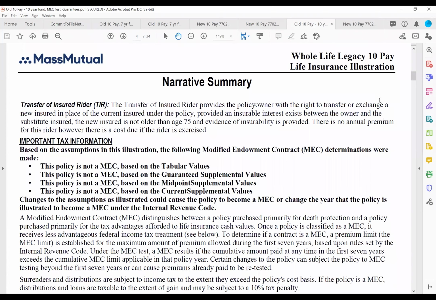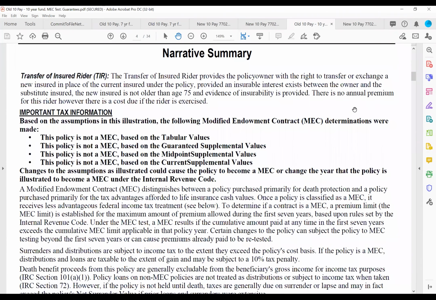When we go down to the narrative summary, I do not just want to run an illustration and see that based on the current dividend rates, the policy did not MEC. That's where so many people, agents and clients, get into trouble in the industry because they see an illustration state that this policy will not MEC based on the present dividend rate.